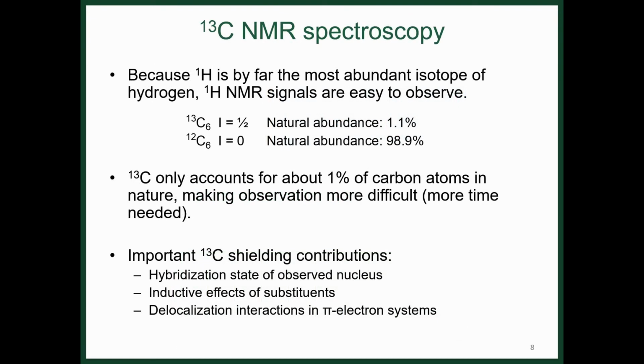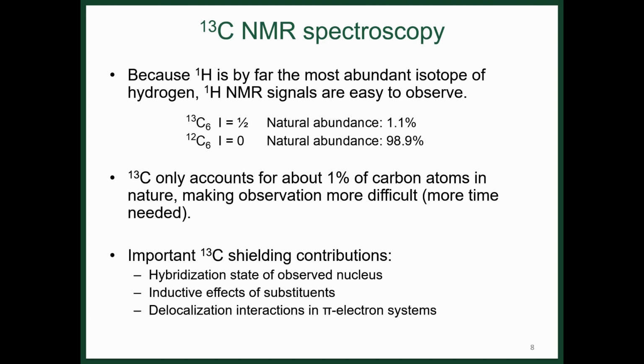So one of the issues to point out here, particularly with C13, is, as we learned with mass spectrometry, C13 is not the most common isotope of carbon. Now, when we talk about proton, we have the opposite situation, where proton is by far the most abundant isotope available for hydrogen. So almost any sample that we have with hydrogen atoms in it is mostly proton, or H1.